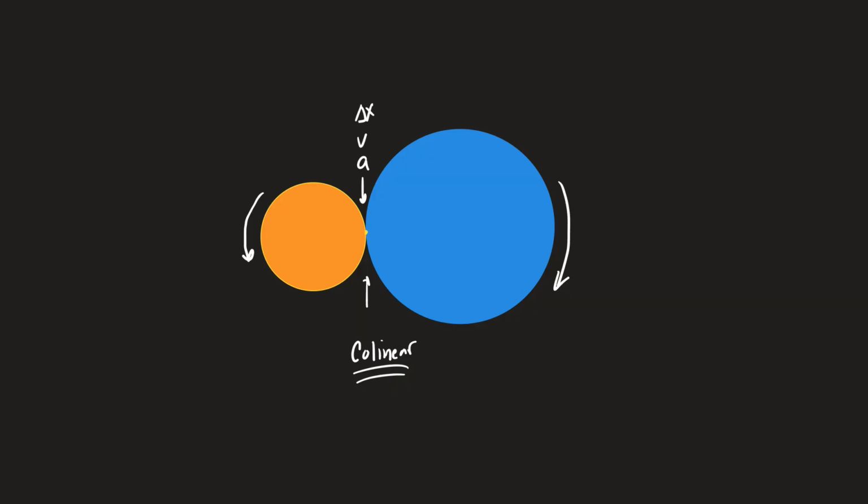But that means that this wheel on the right, the blue wheel, will have its own variables here. That will be different than the ones for the yellow wheel because the two radii are different. So although the point in the middle has the same linear speed or the same linear acceleration, they have different angular accelerations. This is how gears work.